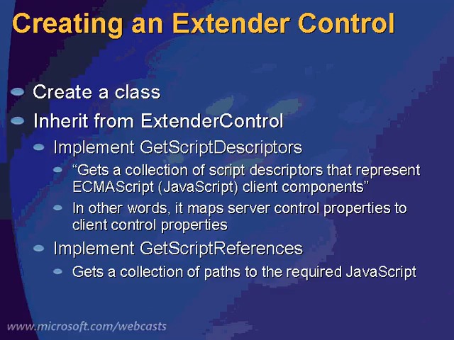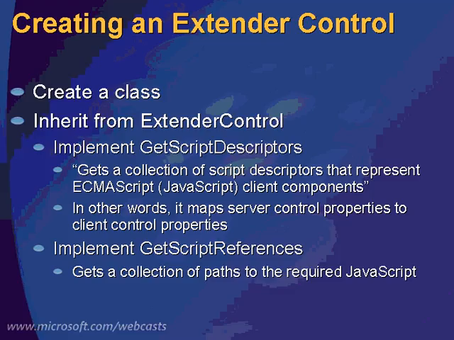Get script descriptors is perhaps a little bit more complex, but not so much. What is possible to occur is inside of your script component, your behavior that you wrote in JavaScript, you've got certain getter and setter functions.